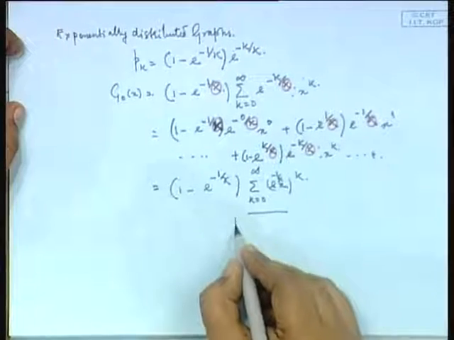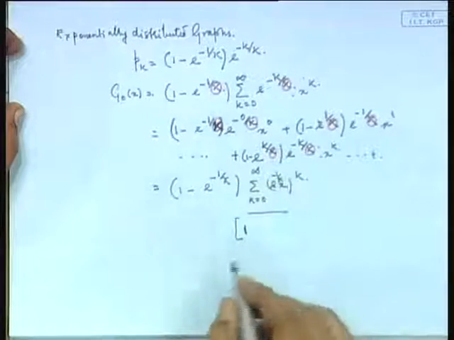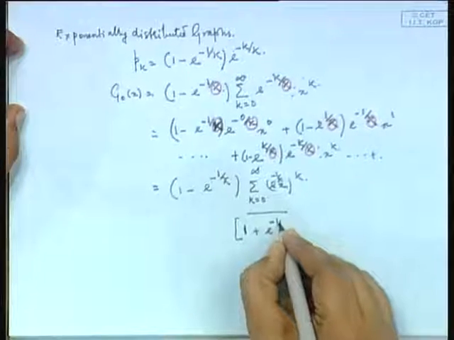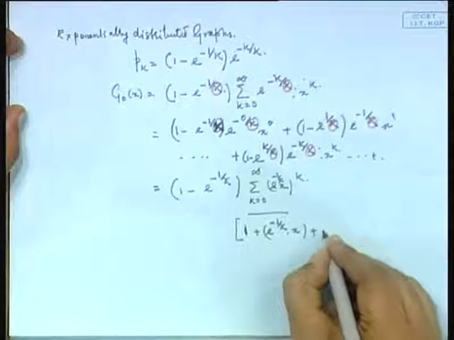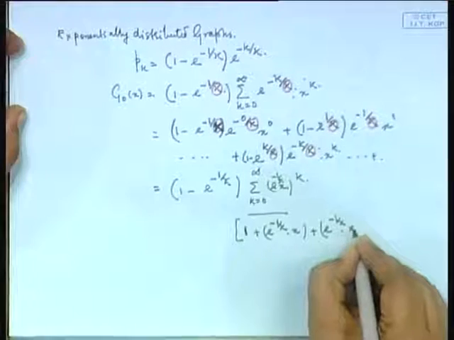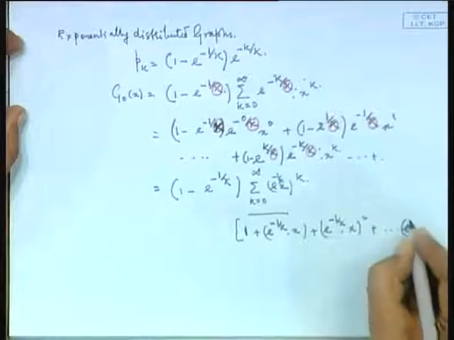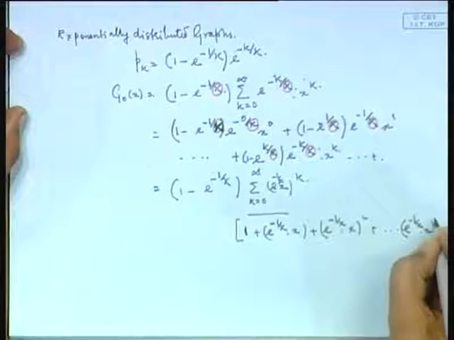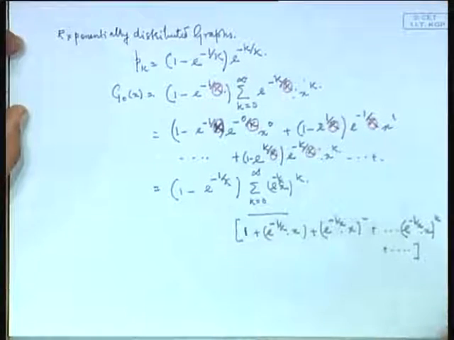So, expand this term: this is 1 when k is equal to 0, 1 plus e to the power minus kappa x plus e to the power minus kappa x whole square, and it goes on like that.